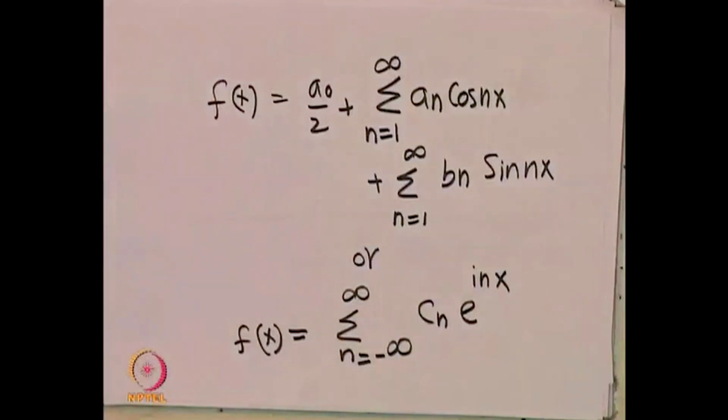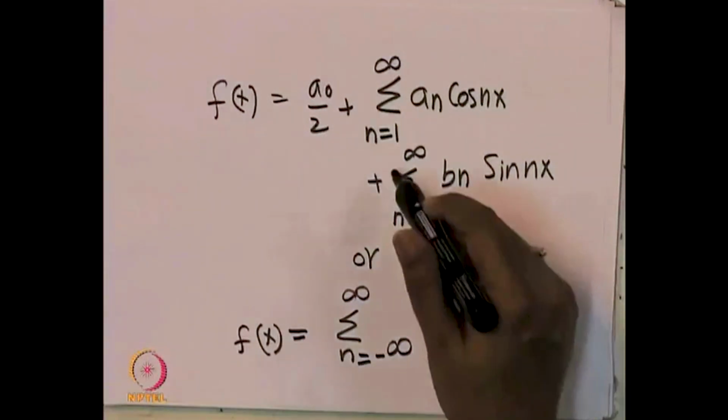So, both are possible, and you can calculate a n and b n in that case.